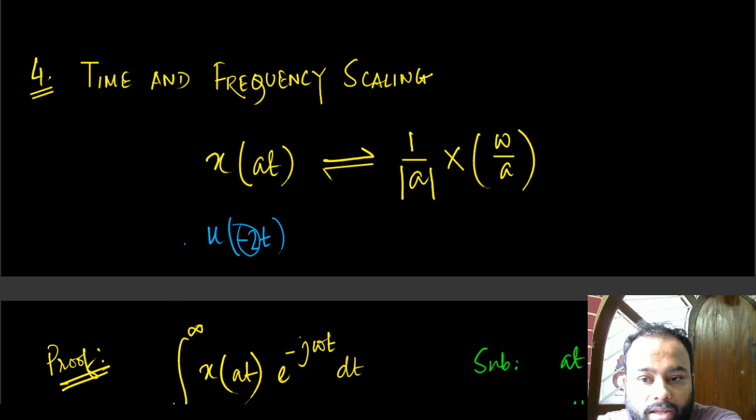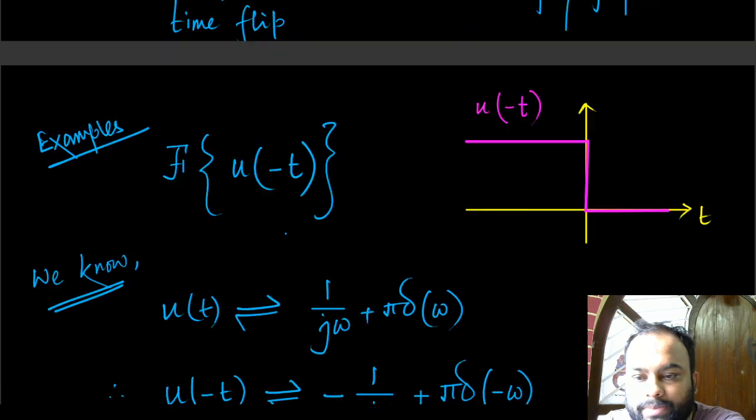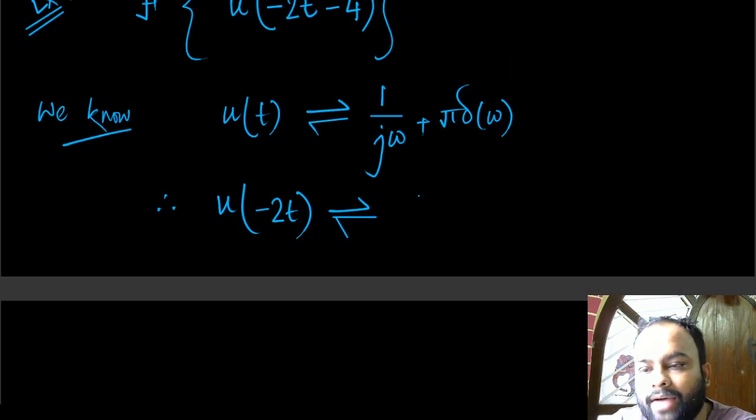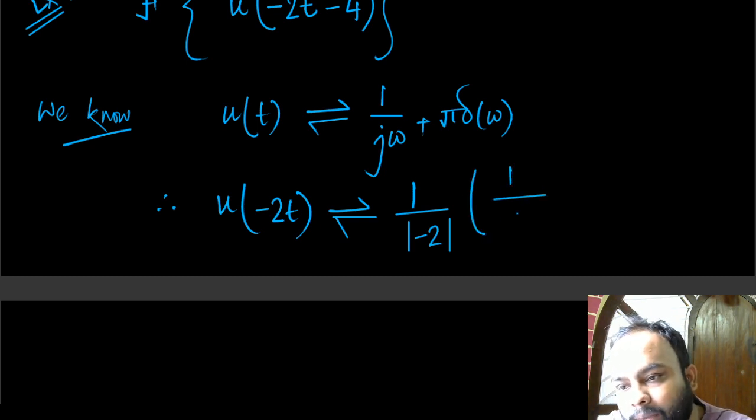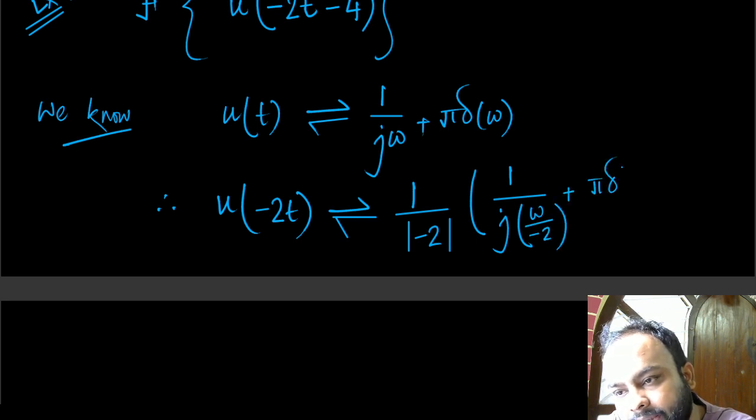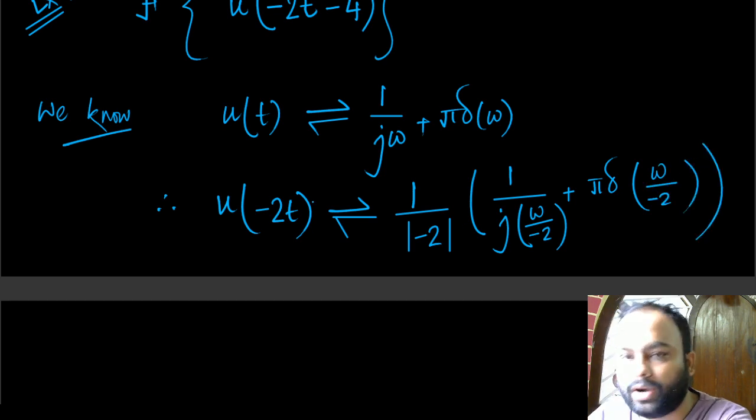So I have 1 by mod of minus 2, and all the omegas will be replaced by omega by minus 2. So I have 1 by j omega by minus 2, plus pi delta of omega by minus 2. That's from property 4, right?